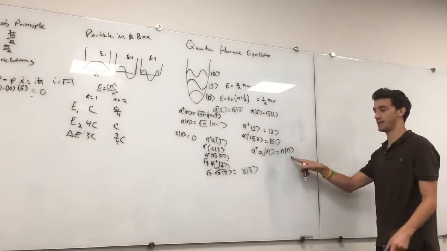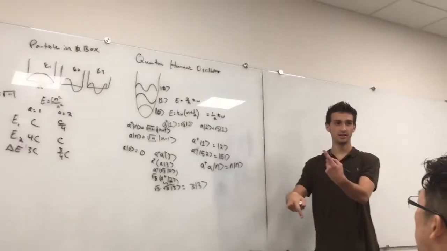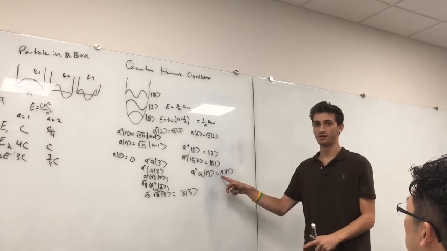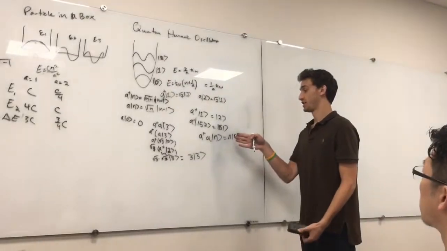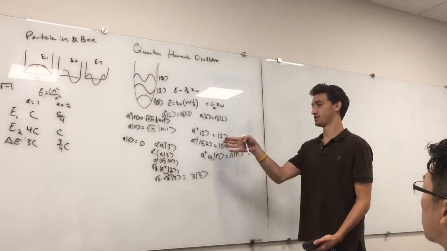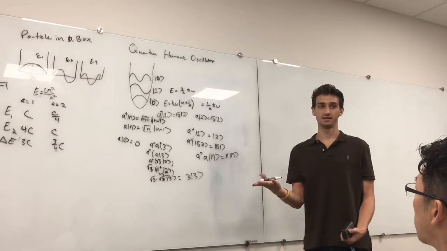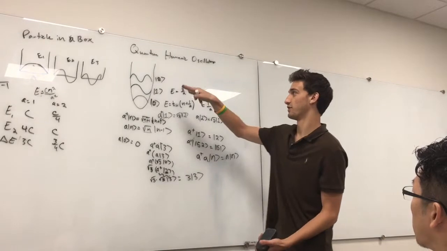It returns the same state, because you lower the state and then you raise it again. So you just get the same state, but the factor that comes out in front, for you who are in math, the eigenvalue, is just the number the state is in. So this is called a number operator. What's the level of the state?